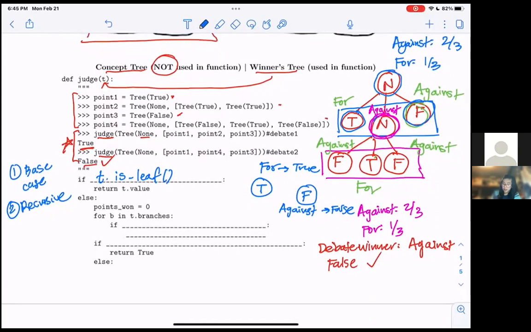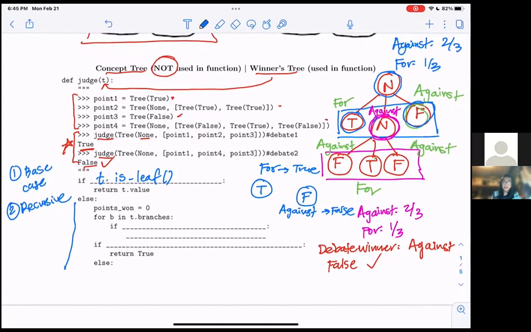Okay. On the other hand, we can look now at the recursive case, which is inside of the else block. Inside of the else block, we can see that there's a variable called points1 that is set to 0. And you might be wondering, whose points are we tracking? Well, that's something that we can keep in mind as we're looking at the skeleton code. So I'll just write this down: whose points?